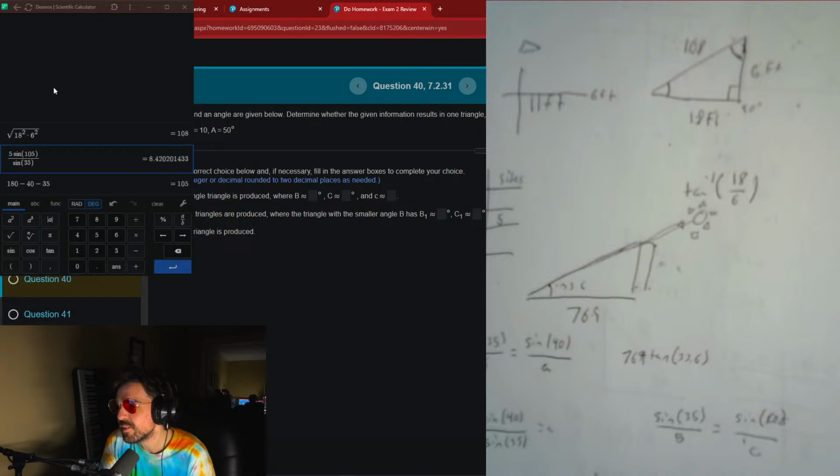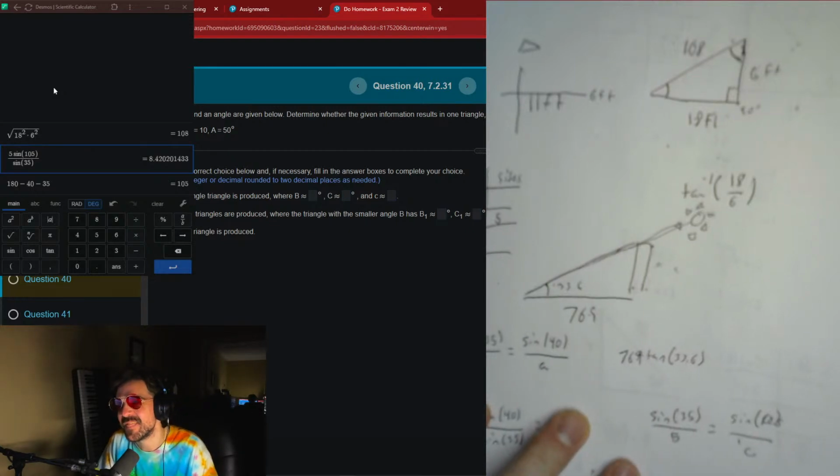Two sides of the angle given below. Determine whether the given information is one. It's probably two, right? It's always two, isn't it?